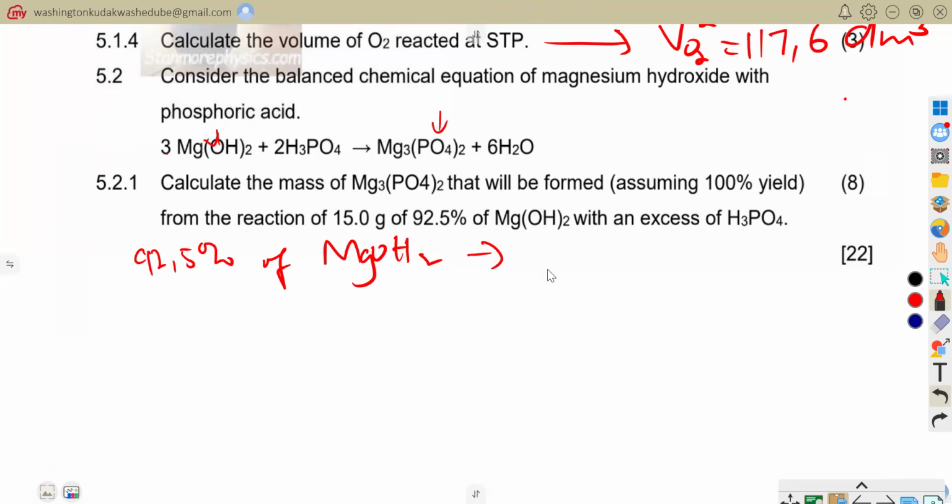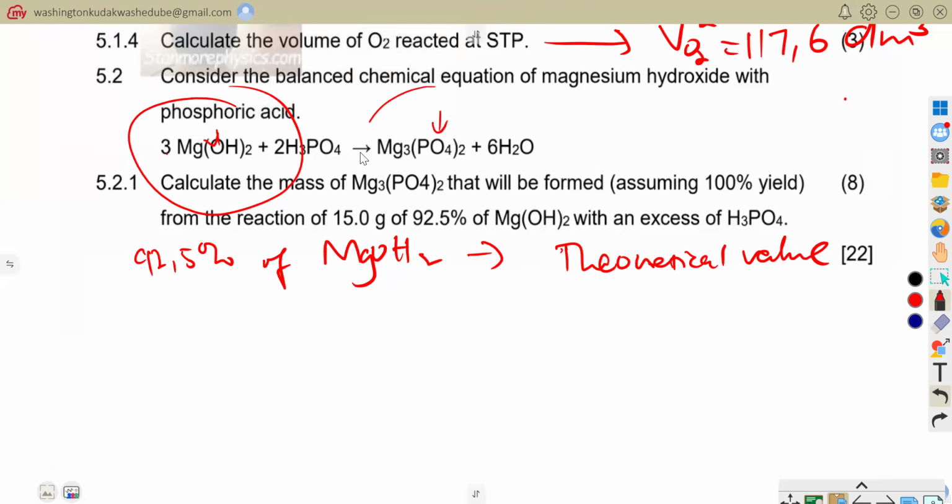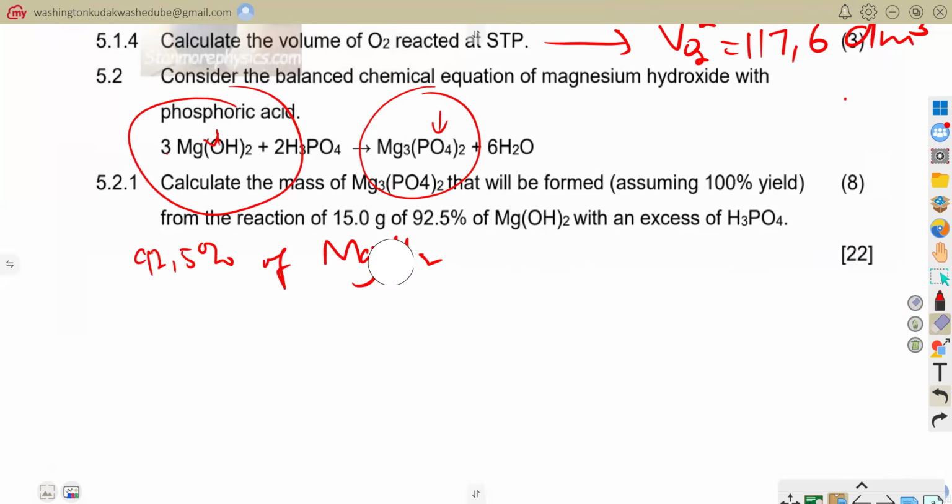So we are going to say that 92.5% of the theoretical value is the number of moles of magnesium hydroxide that is going to react. And we want the number of moles of this. So we relate those number of moles using the mole ratio.